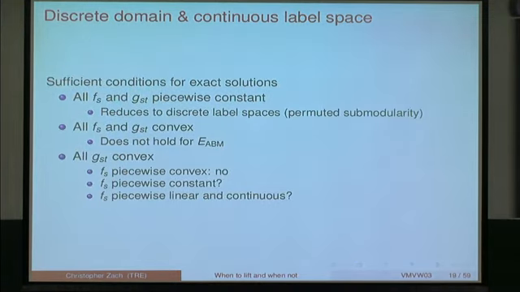Okay, what do we know for this kind of formulation? Unfortunately, not too much. Obviously, if you restrict yourself to piecewise constant functions to model the data term and the smoothness term, then you are back to the discrete label space setting, and those results apply.